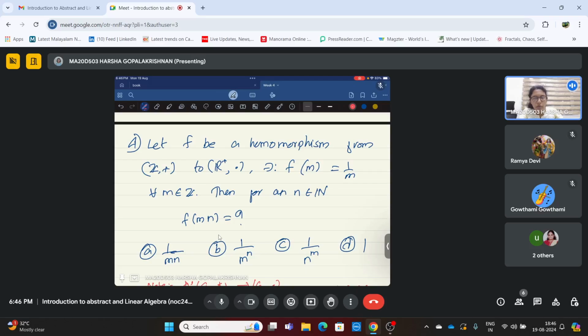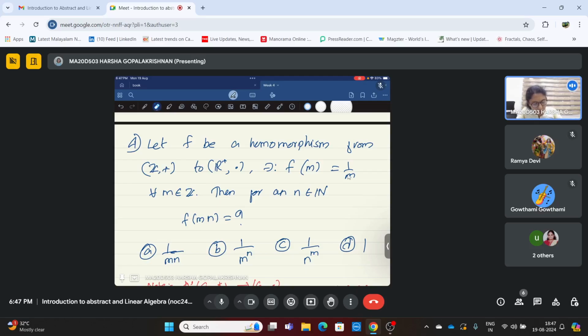Okay, so in this case, what is f of mn? Here actually, when m equals 0, we will have some kind of problem. So there is some small error with the question.